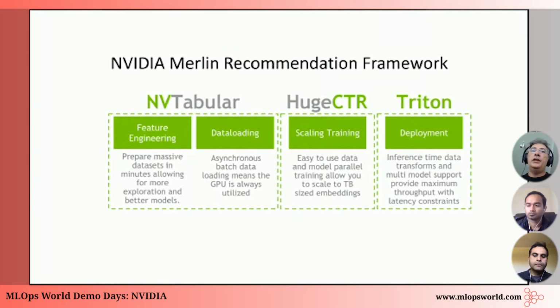But NVIDIA Merlin is basically made of three main components. NVTabular, which deals with data preprocessing and data loading. HugeCTR, which is the component to train a recommender system. And Triton, which is the part that runs inference. Next slide, please.